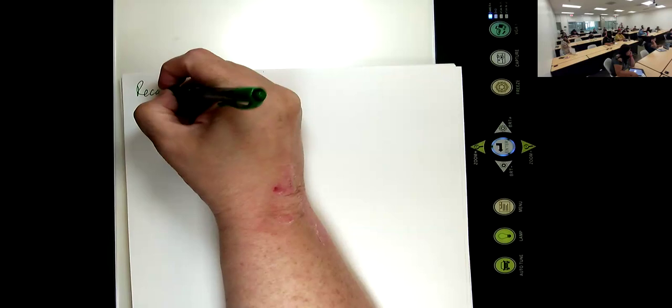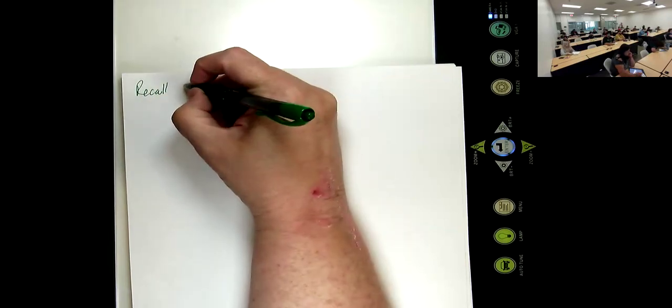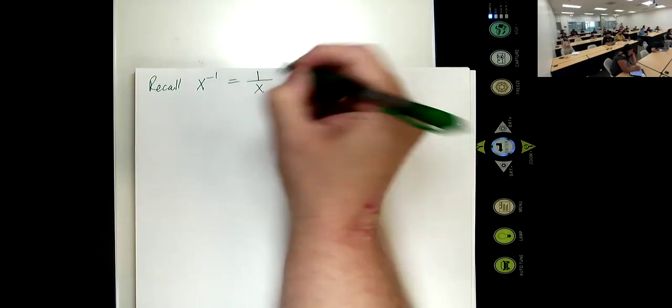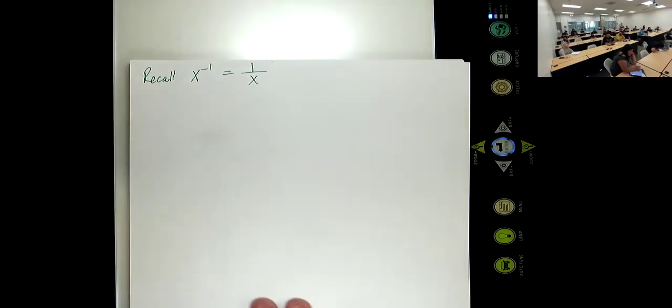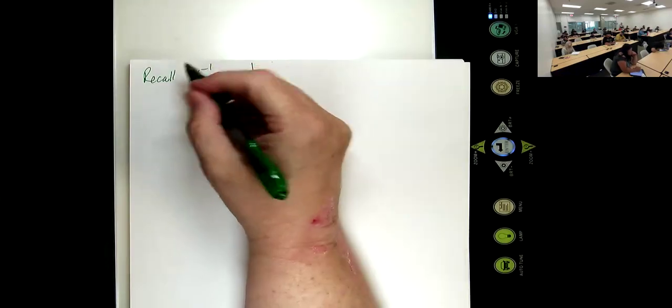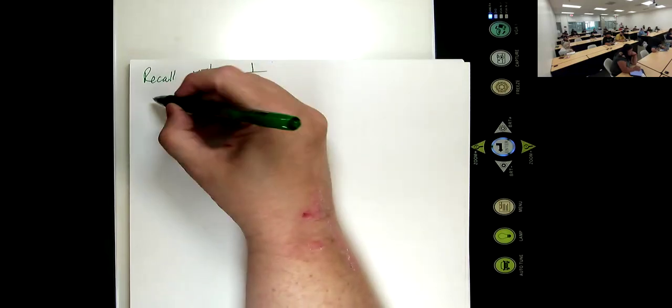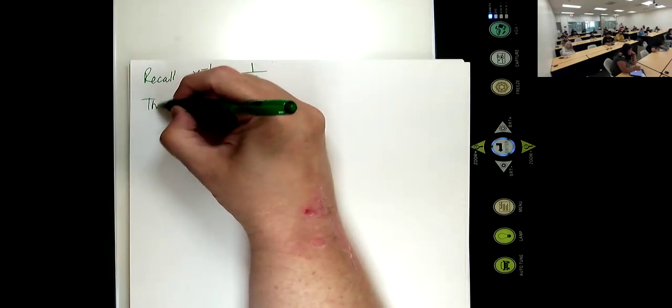So, a couple important things to note. Recall that if we have x to the -1, that means 1 over x. That's from algebra, right? The negative exponents mean flip it. This is not the same with trig.